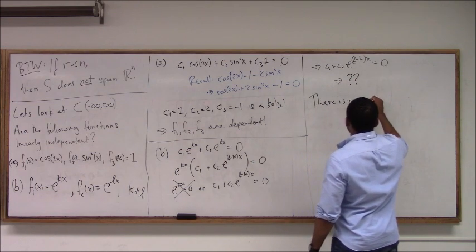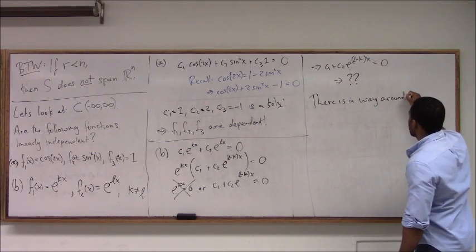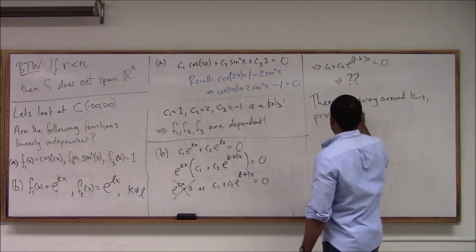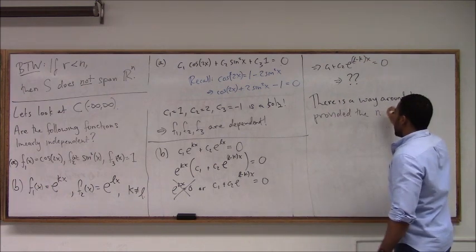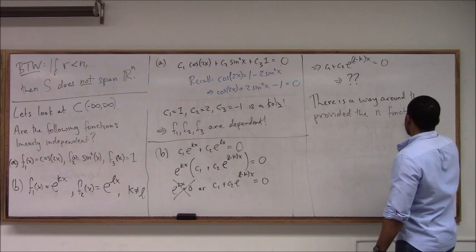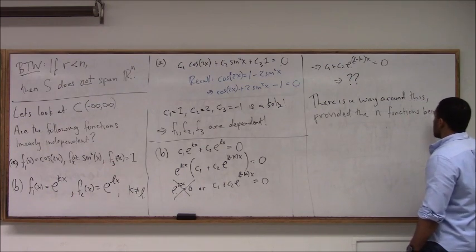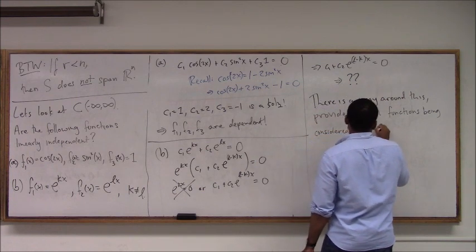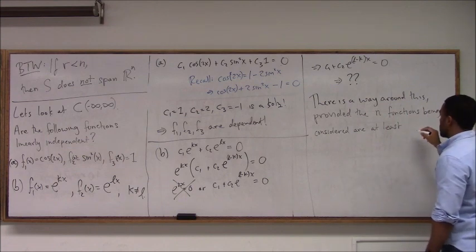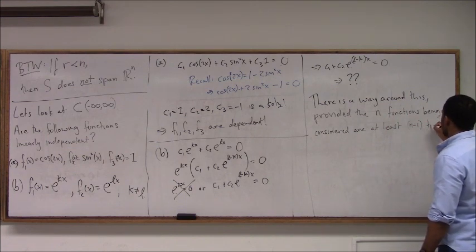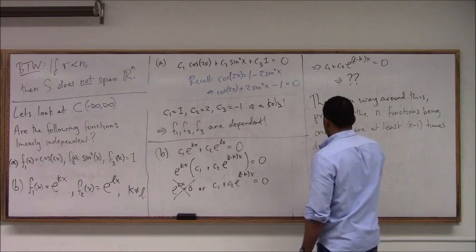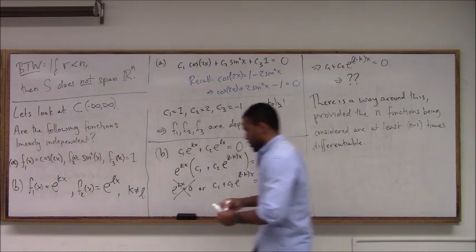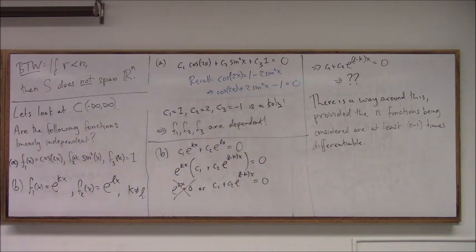There is a way around this, provided the n functions I'm considering are at least n minus 1 times differentiable. So let's see how we can use that fact to help us.